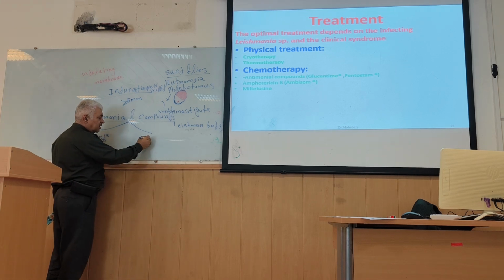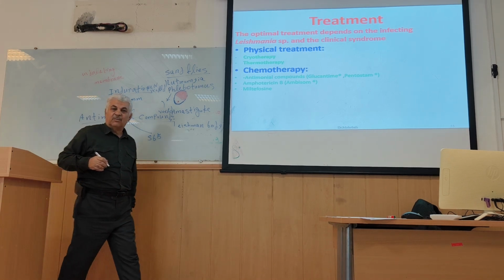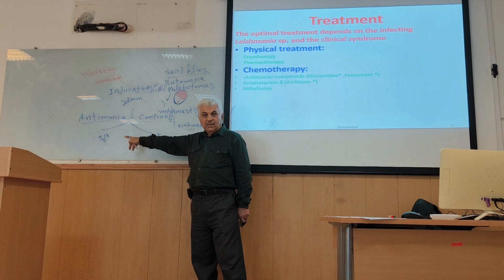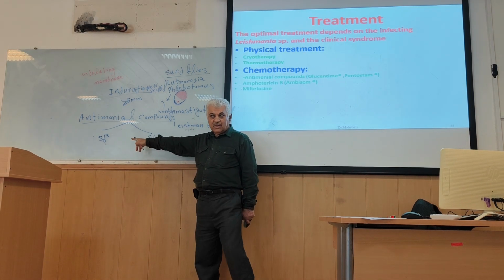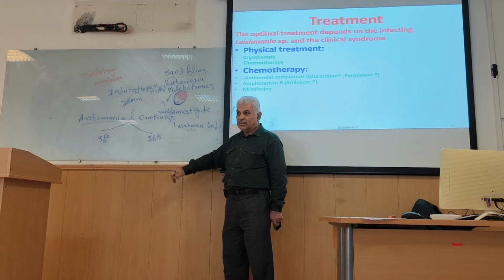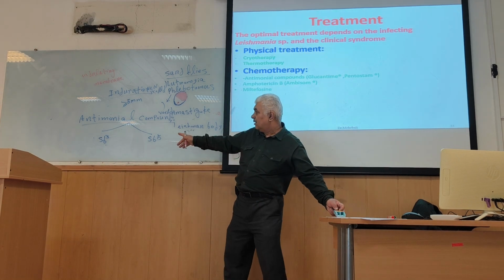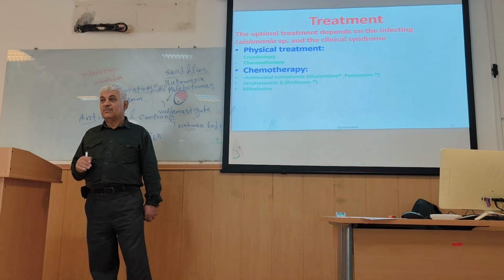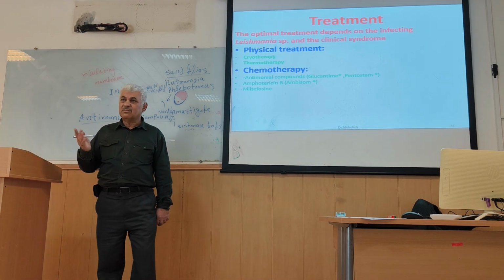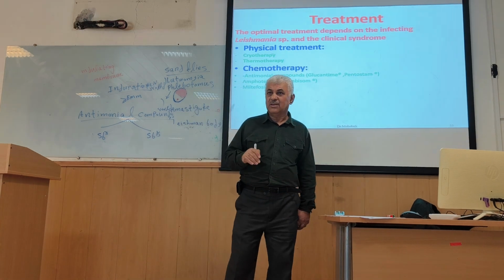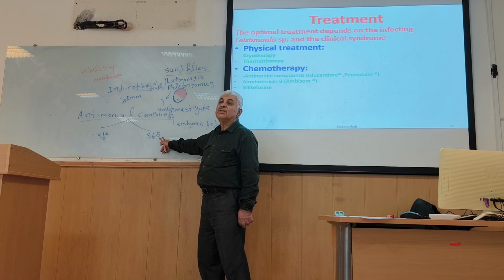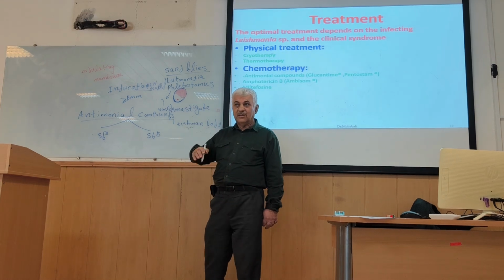And the second is pentavalent antimonial compounds. Trivalent antimonial compounds are very toxic, such as tartar emetic and different drugs, very toxic. And we use pentavalent antimonial compounds, which have low toxicity.